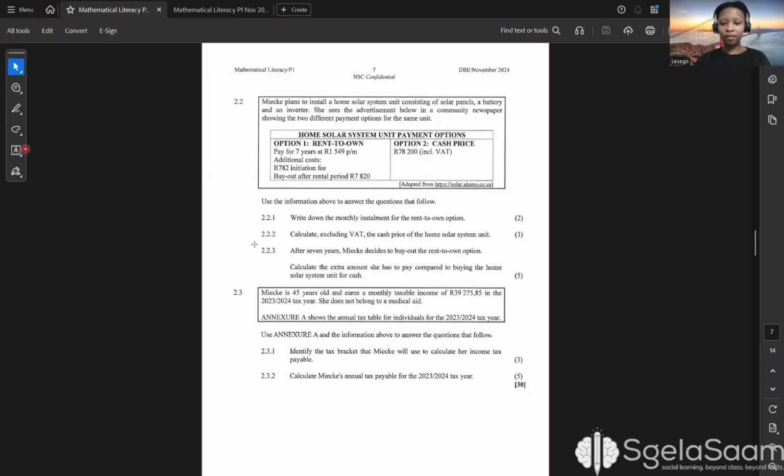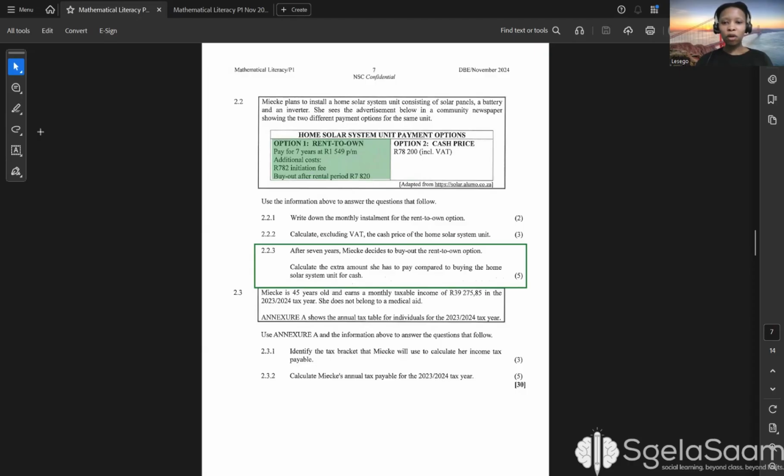Looking at this very big question, it says after 7 years, Mika decides to buy out the rent to own option. So meaning he chose option 1, right? So we need to look at the details of buying using option 1. It says calculate the amount she has to pay compared to buying the home solar system unit for cash.